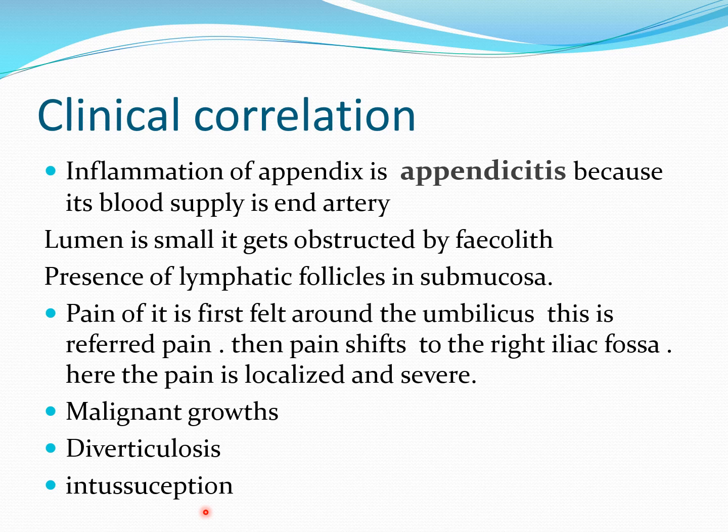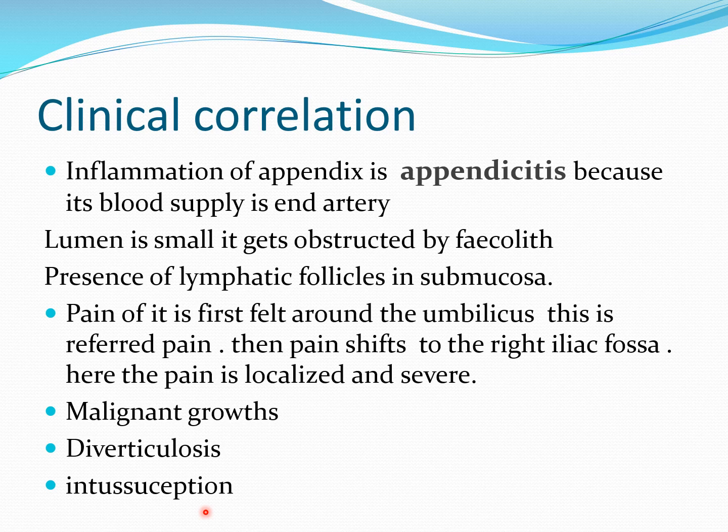The pain is often felt first in the umbilical region, then it shifts to McBurney's point. Typical clinical features may not be observed, but the patient experiences pain on extension of the right hip joint due to tension of the irritated right psoas major muscle. This is the psoas test.